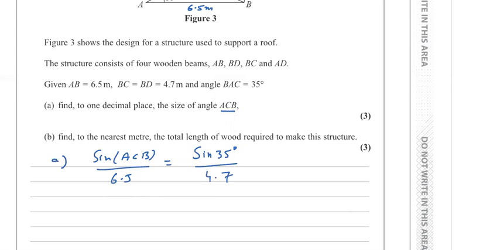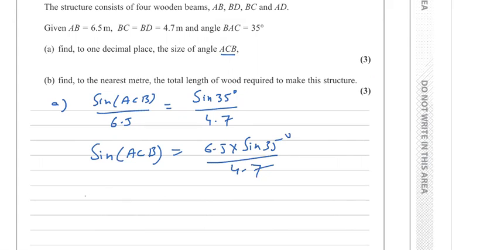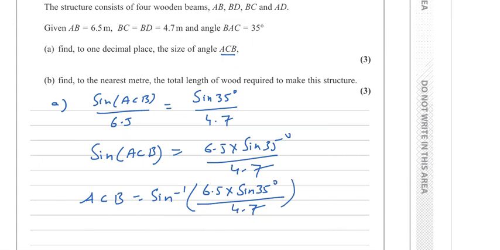So to get this angle ACB, I take 6.5 to the other side. Sine of angle ACB is equal to 6.5 times sine of 35 over 4.7. Then angle ACB will be equal to sine inverse of 6.5 into sine of 35 over 4.7. Let's calculate this.